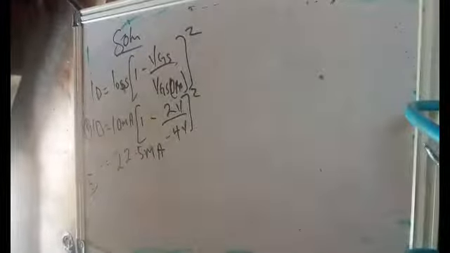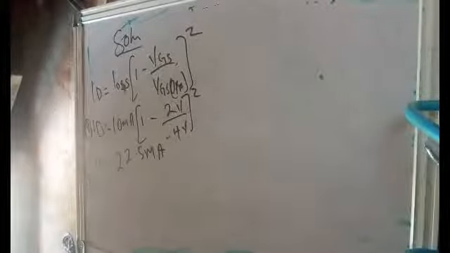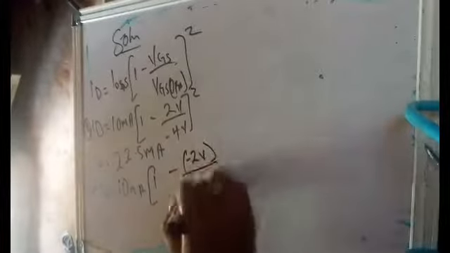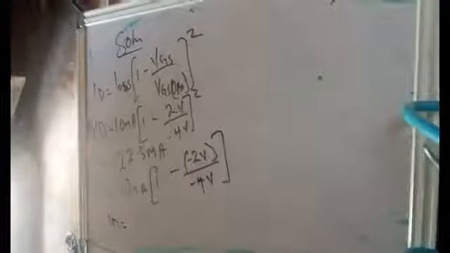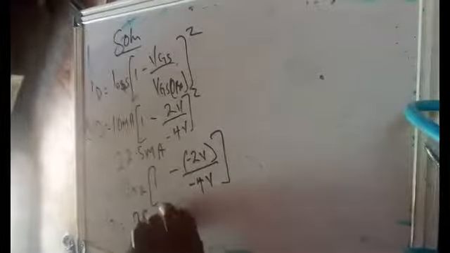For the second part, our VGS equals minus 2 volts, so our ID equals 10 milliamps open bracket 1 minus minus 2 volts over minus 4 volts. If you solve it correctly, your ID should be equal to 25 milliamps.